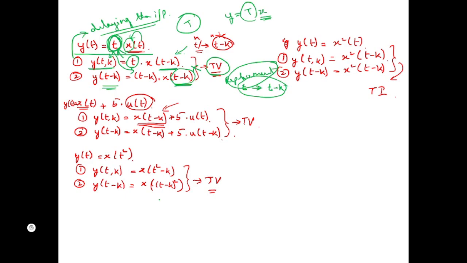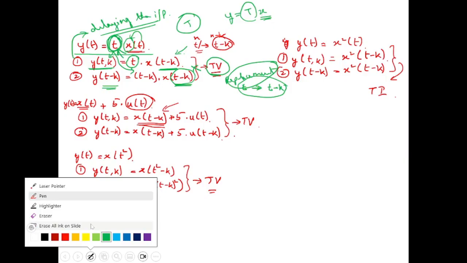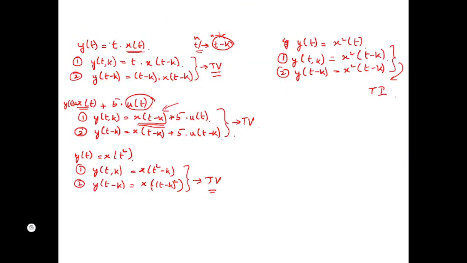Say, for example, if you get 2t here, 2 is not a part of the signal, it is a part of the transfer function t. So in the first step it will not replace it by t minus k, because it is not a signal component. You getting my point?